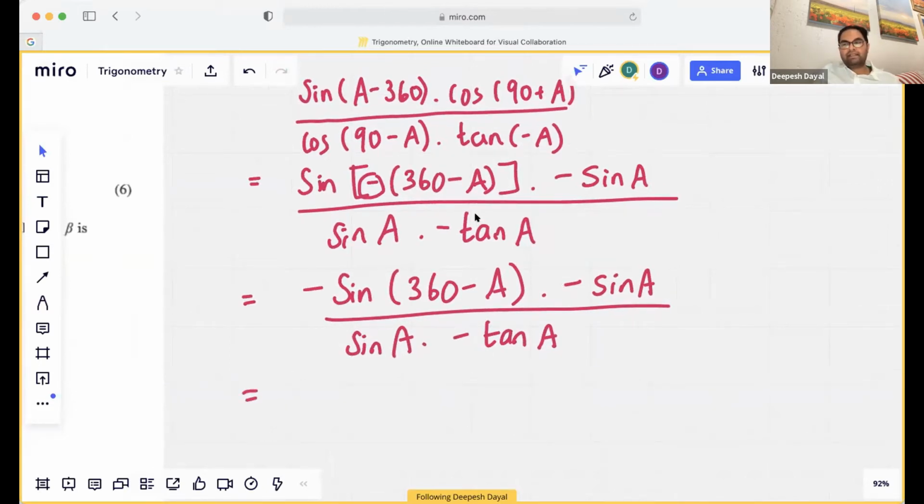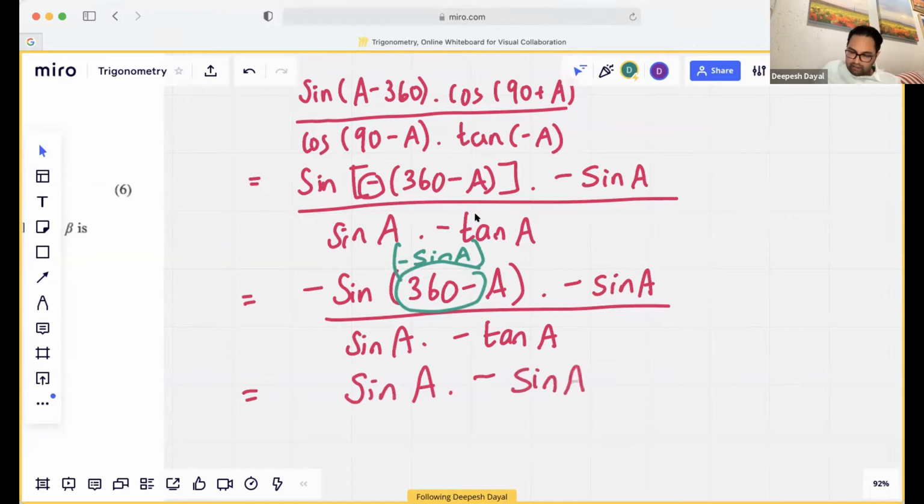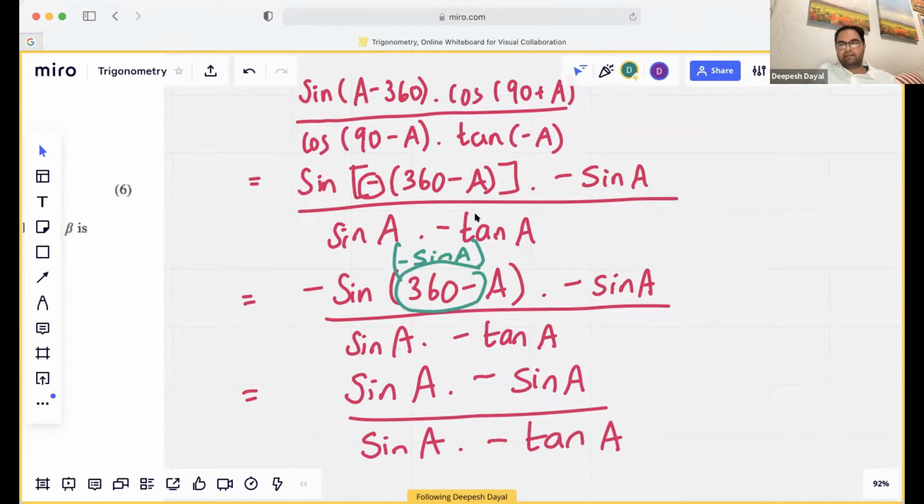Because it's got a 360 minus, sine is negative, so it's actually minus sine A. And we've got a minus in the front there, so this becomes positive sine A. So it's sine A times minus sine A over sine A times minus tan A. This is what I have so far.